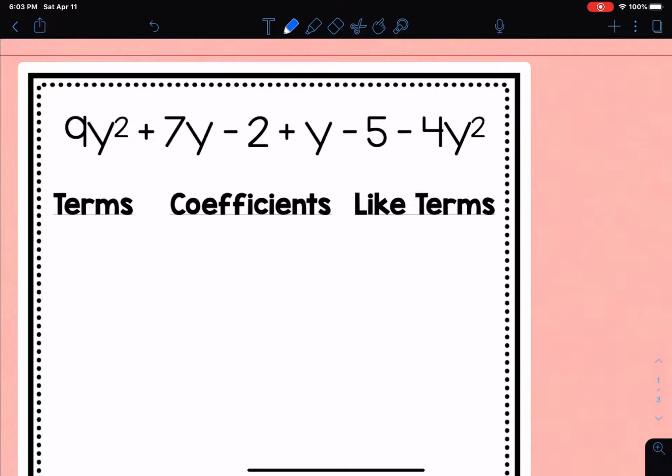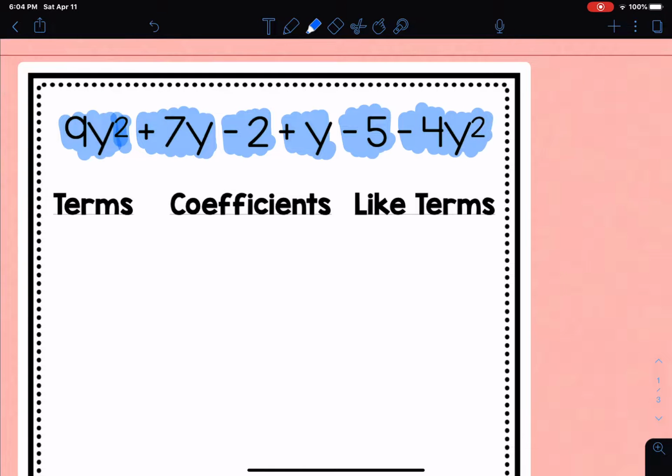Okay, so first of all, if I were to take each of those and separate them, here's one. Here's the next term. Here's the next one. Here's the next one. Here's the next one. And here's the next one.